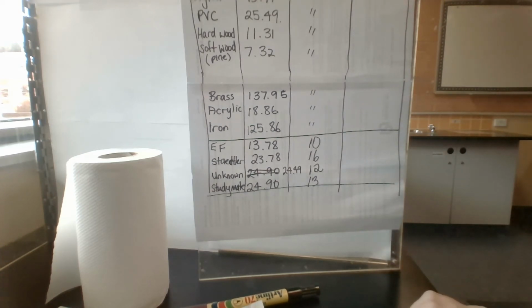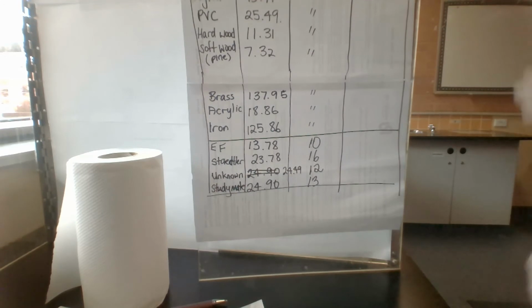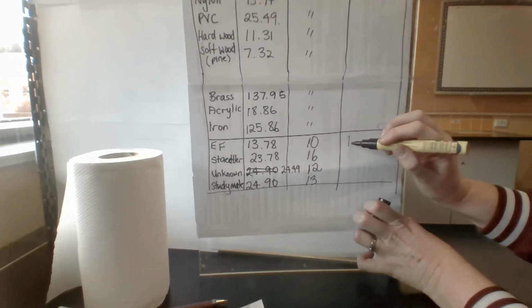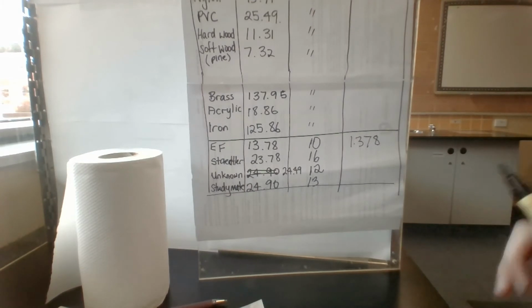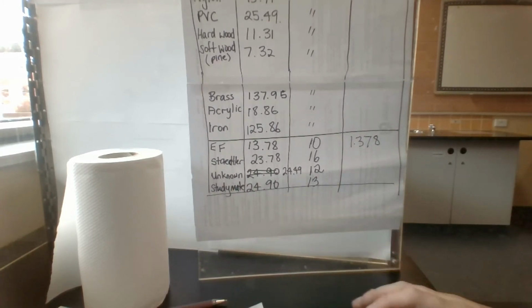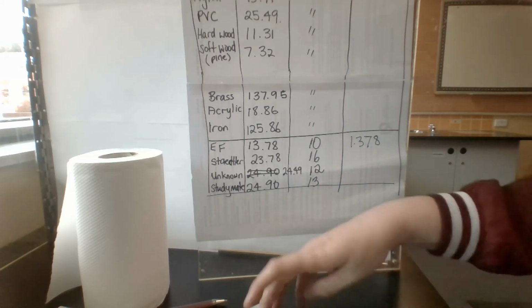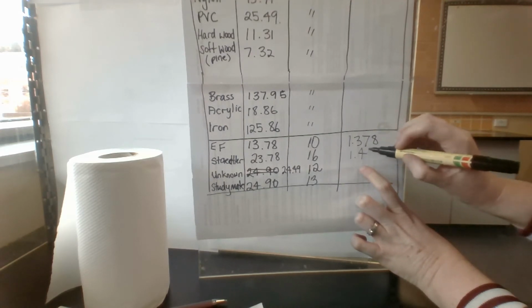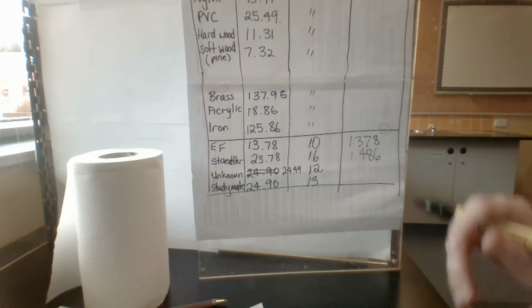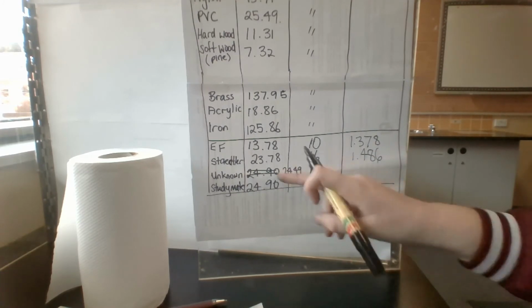So EF is 13.78 divided by 10. So its density is 1.378. Staedtler, the next one, is 23.78 divided by 16 equals 1.486. My unknown is next.